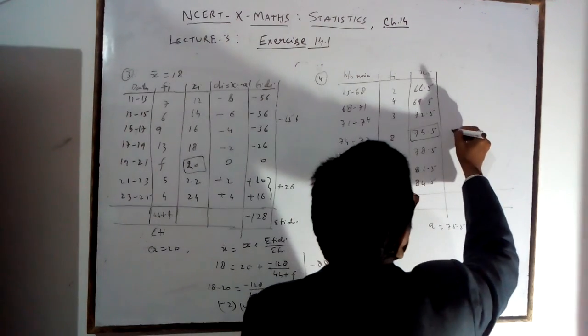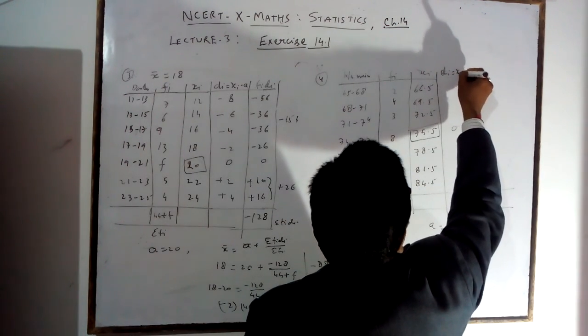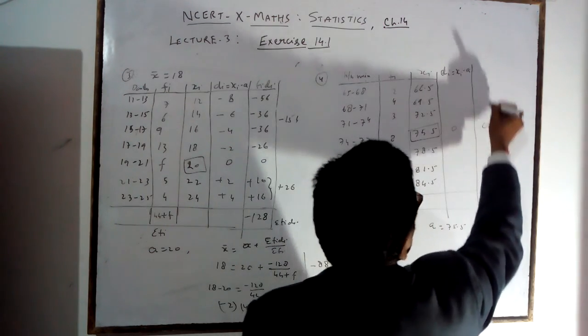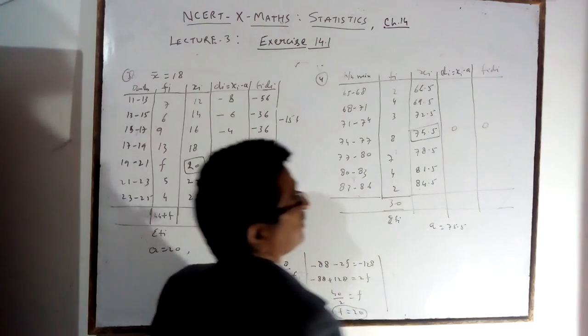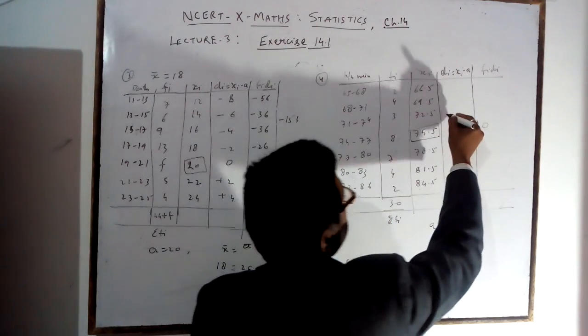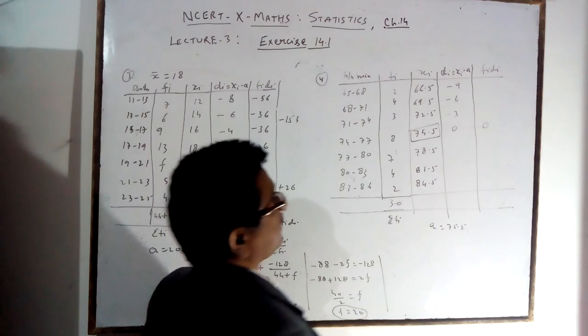Assumed mean in front of this Xi column, Di column, Xi minus A. That will be 0. Here also you will get 0. Fi Di multiplication. 3 is the class size. So here you will get minus 3, minus 6, minus 9.